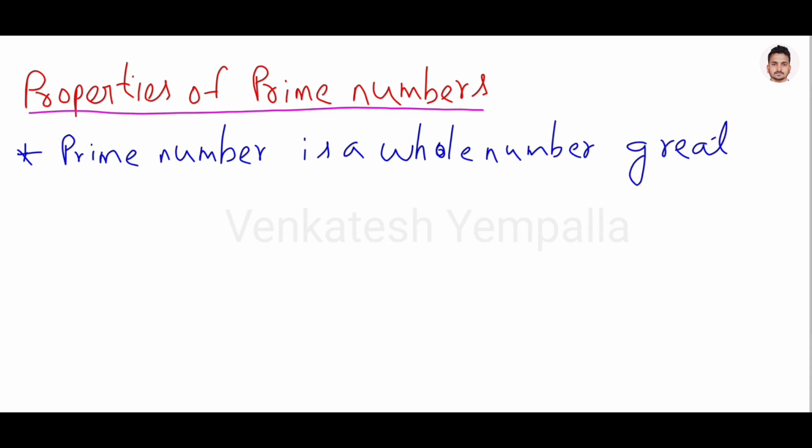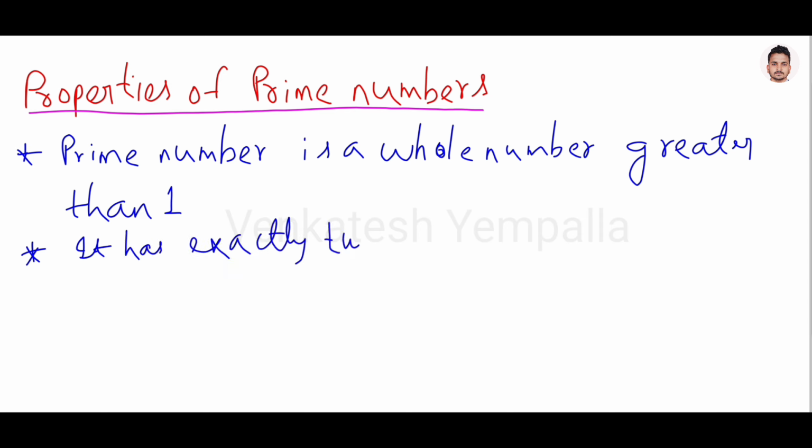Second, it has only two factors. As we discussed in the definition, it has exactly two factors: 1 and the number itself.